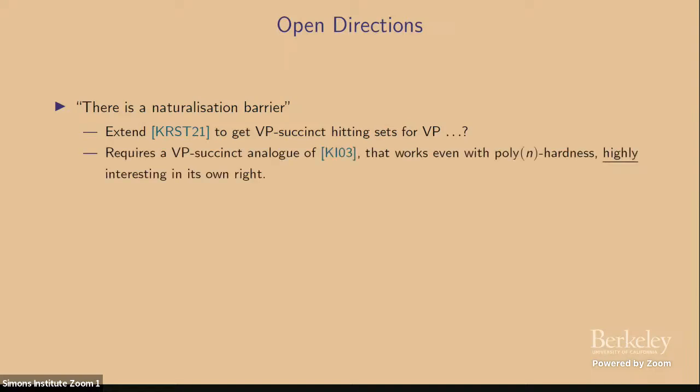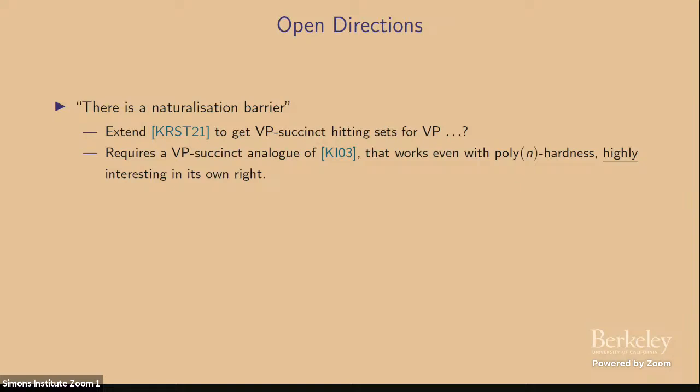In particular, if you want to follow the same recipe, it will need a VP succinct analog of the machinery of Kabanets-Impagliazzo. Even if it does not work with poly n hardness, that by itself will be a highly interesting object.